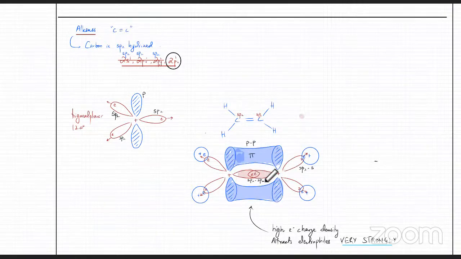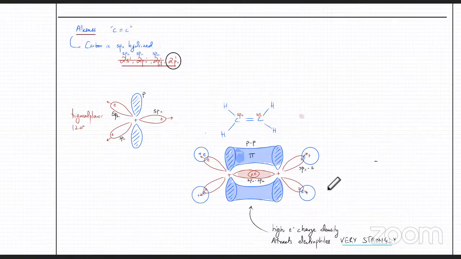There would be a sigma bond, where the carbon would share 1 electron in the middle. Carbon would share an electron with hydrogen, carbon would share an electron with another hydrogen atom, so it would form 3 bonds. But the 4th electrons would overlap above and below. And when they overlap, this electron cloud has a very high electron charge density.